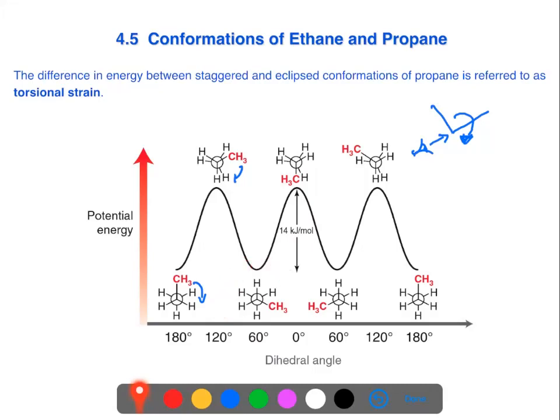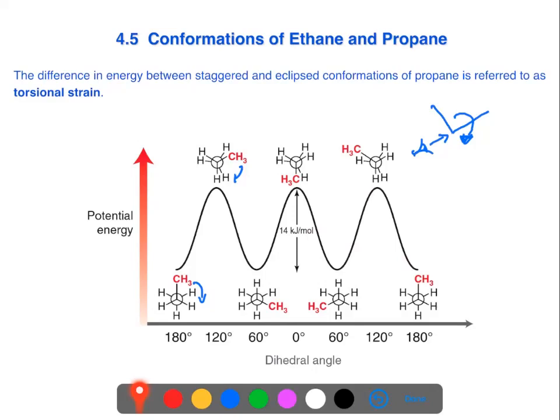And so like we saw with ethane, we're going to go from staggered to eclipsed, back to staggered, eclipsed, staggered, eclipsed, staggered. And so those are the two high and low energy conformations. The eclipsed being the highest in energy, least stable, and the staggered conformation being the lowest in energy and the most stable conformation for propane.